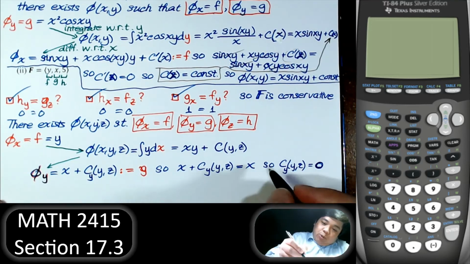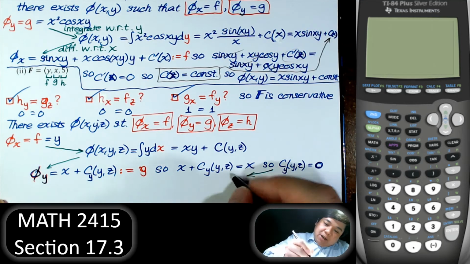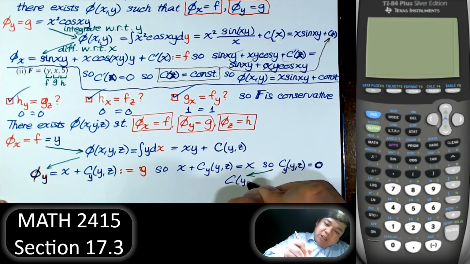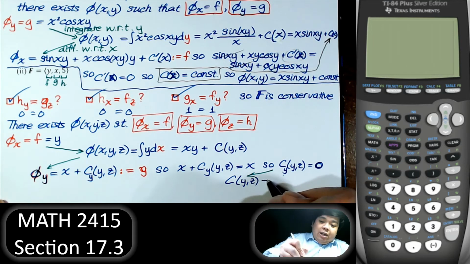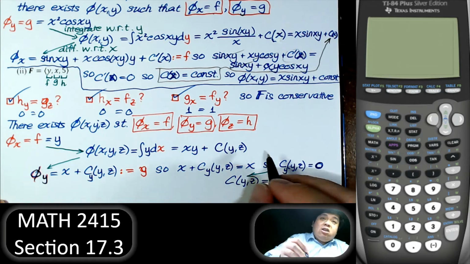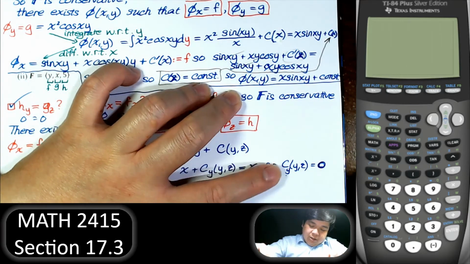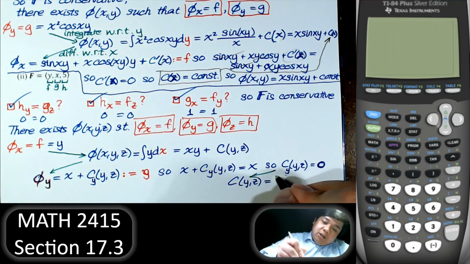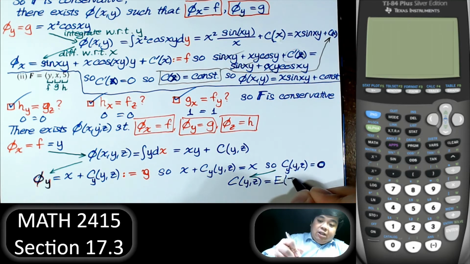Now if it is 0, we can just integrate to get back c of yz. If the derivative equals 0, then it must be constant. And this constant is with respect to y, so we integrate with respect to y, and this constant might have z in it.